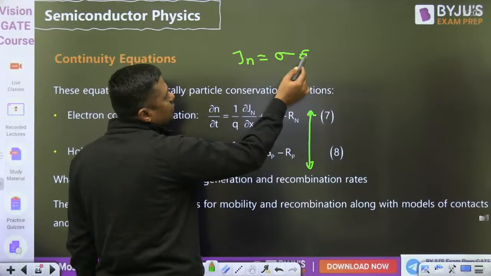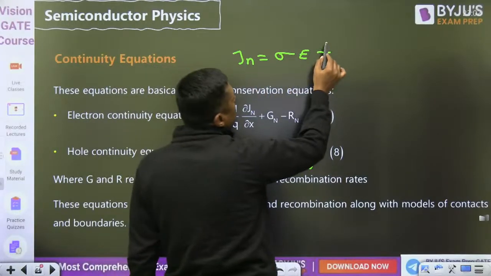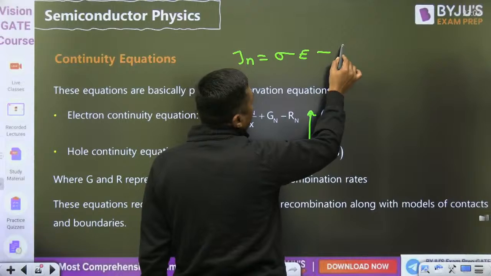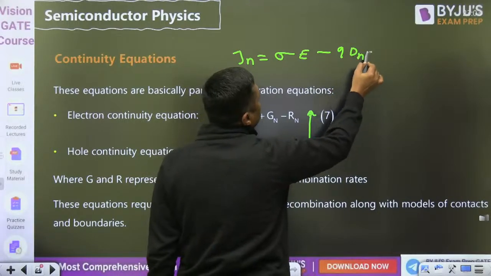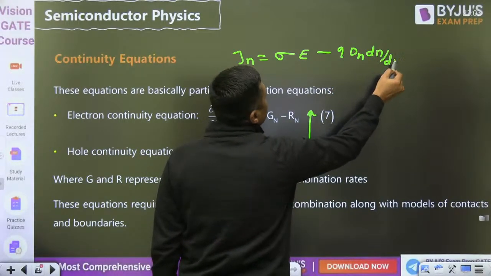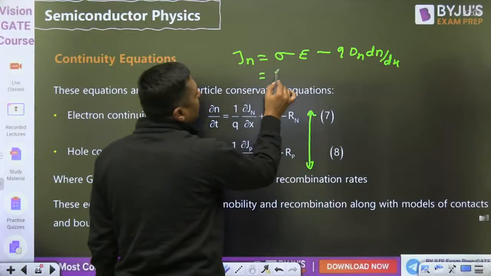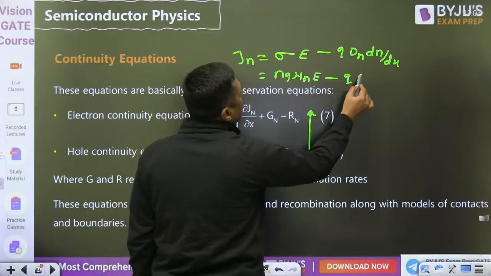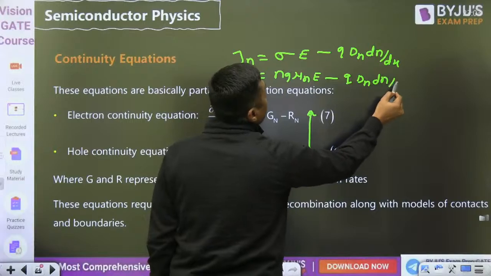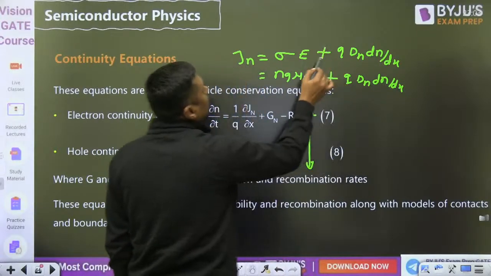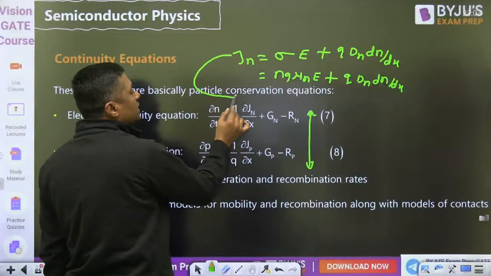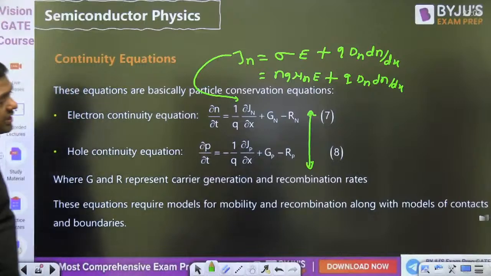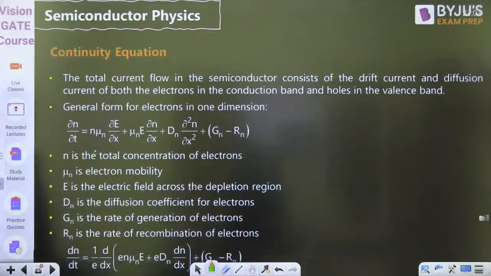Sigma is nothing but n q mu n, plus the diffusion current density given by q dn/dx. Remember, n q mu n into E plus q Dn dn/dx, plus, not minus, plus. You put this formula in the place of Jn and you will get this one.